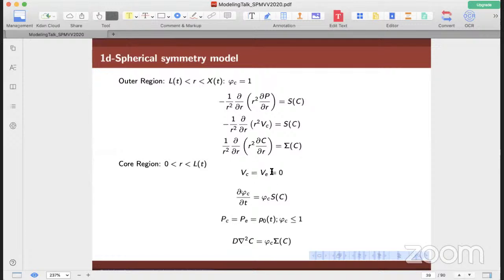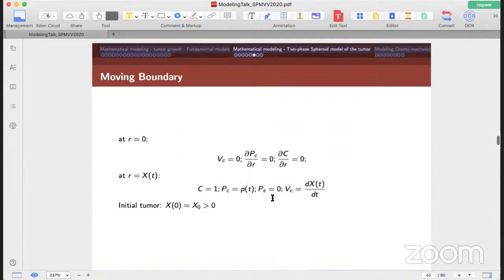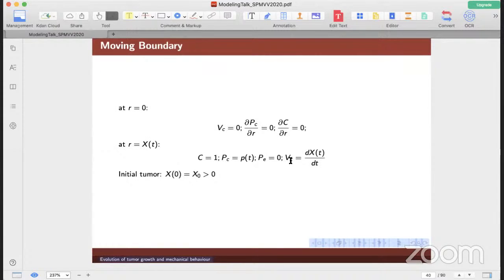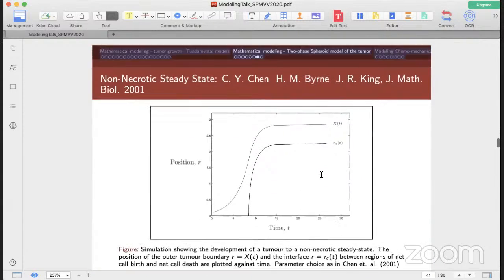So this is formulated as a moving boundary value problem, and one can see the boundary condition at r equal to X of t: velocity equal to dX by dt. So this will bring in the complication. You cannot simply solve it, because you will get an equation for X of t. So that is solved.